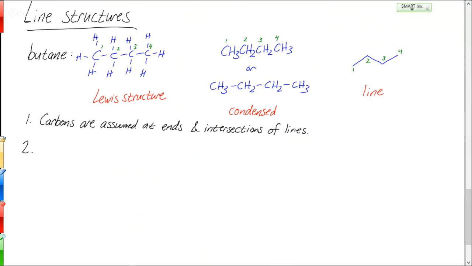So when we look at this right here, we can say, okay, that already has 1 connection shown, so it must have 3 more because it's got to have 4 total. So there have to be 3 hydrogens there. If we look at the next one, same idea. Here's our carbon. 2 bonds are shown, so there must be 2 more to make 4, because we've always got to have 4 bonds.